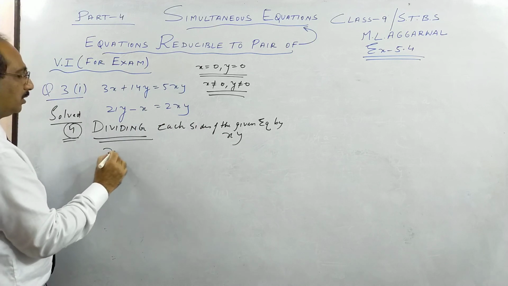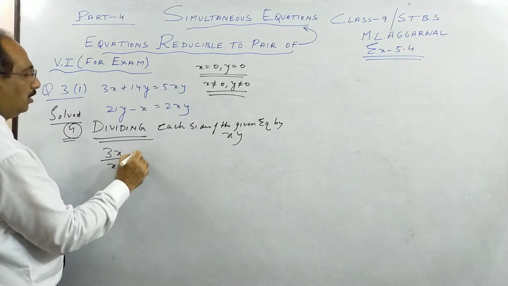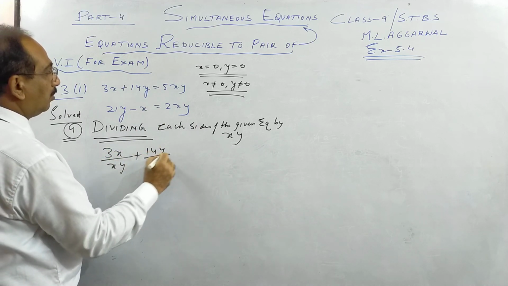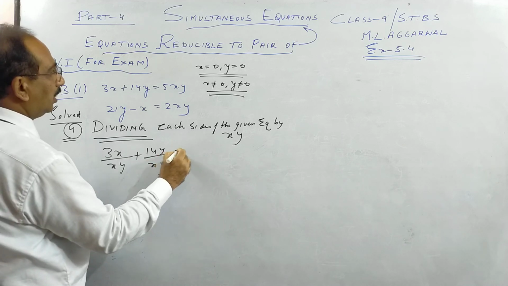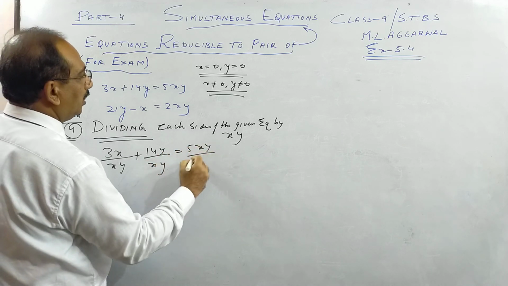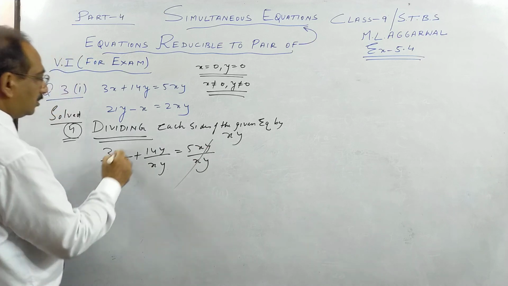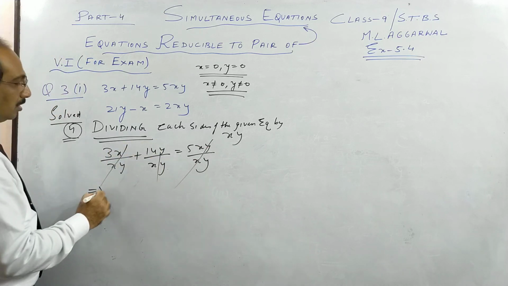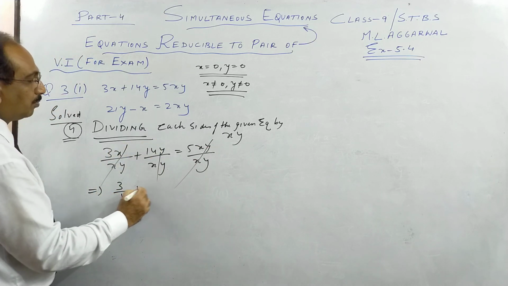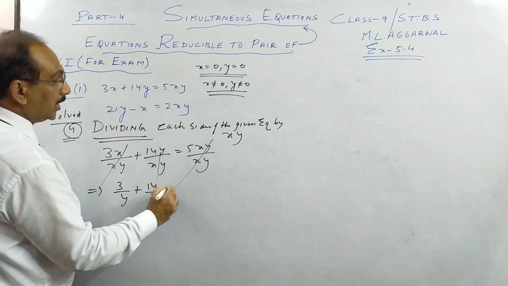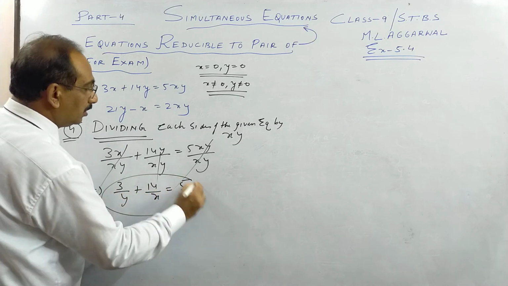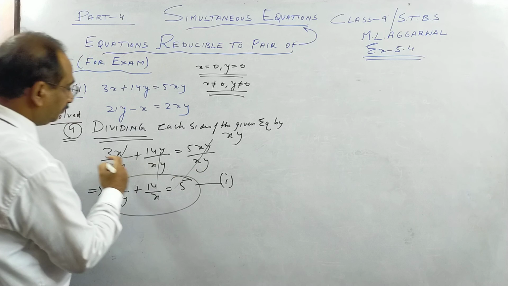So see what happens. 3 by xy plus 14y by xy is 5xy by xy. This cancels, this cancels, this cancels. I get 3 by y plus 14 by x is 5. This is my equation 1.